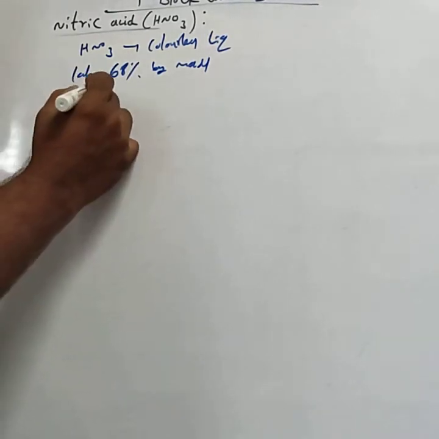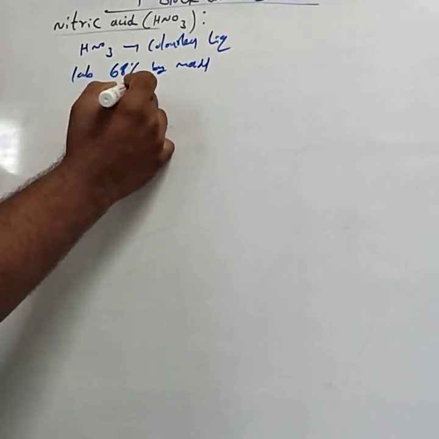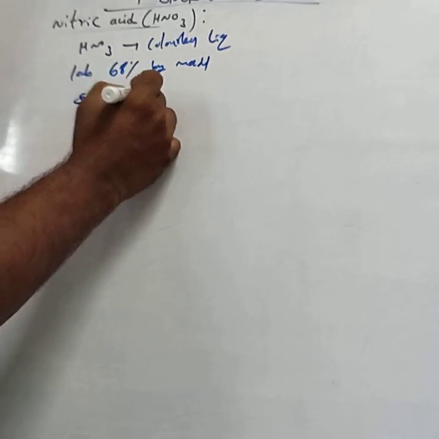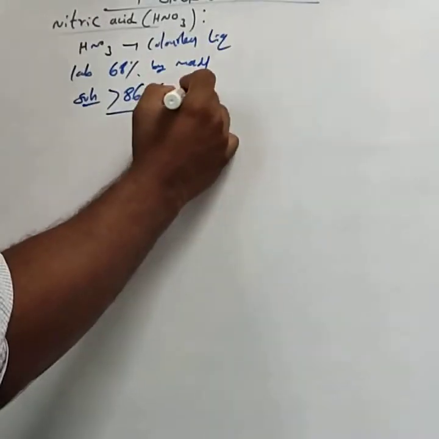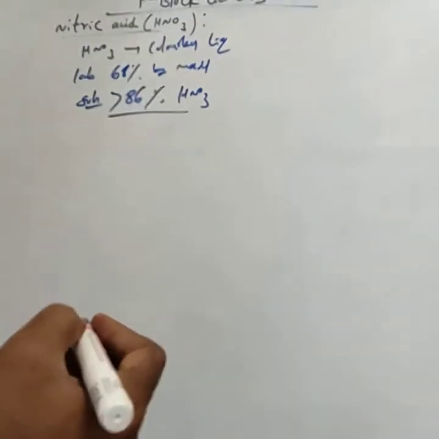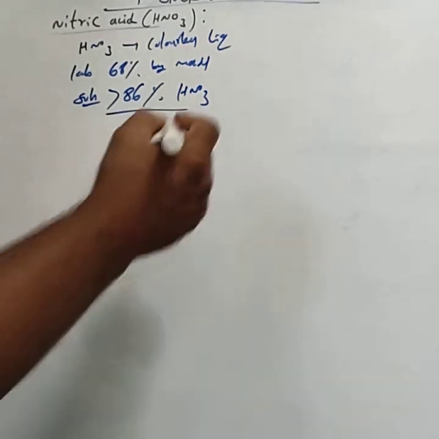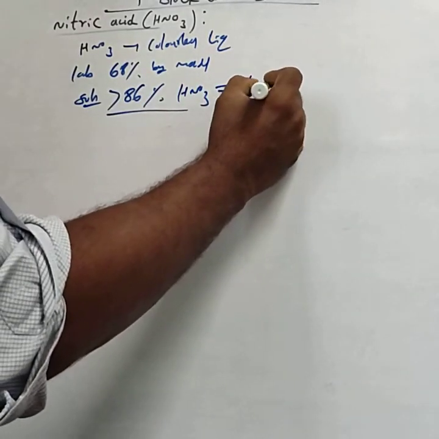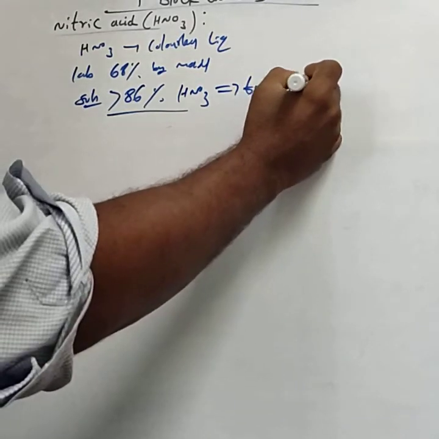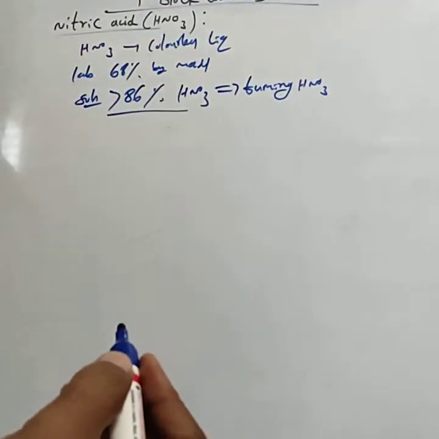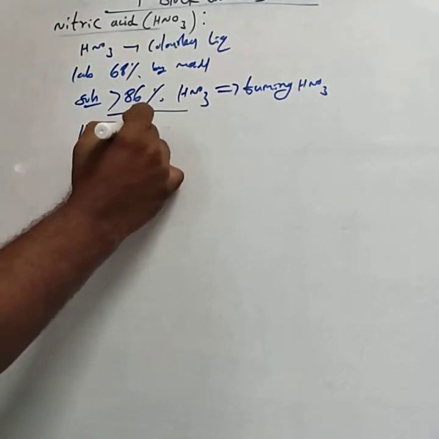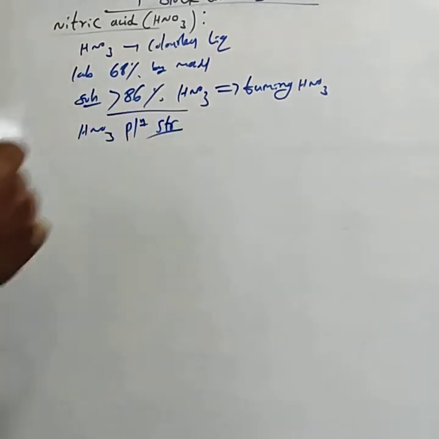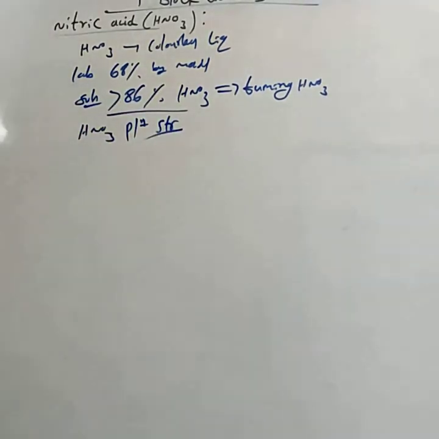A solution containing more than 86% HNO3 is called fuming nitric acid. HNO3 has a planar structure. This is about the physical properties.